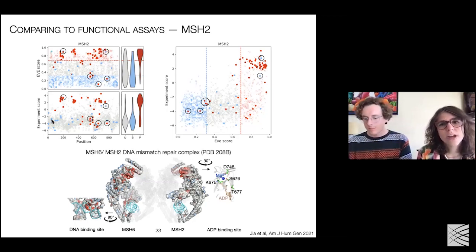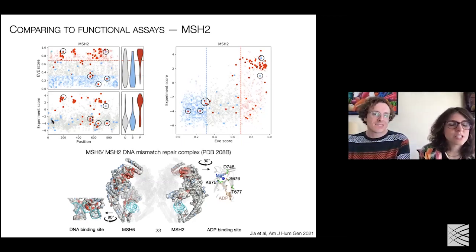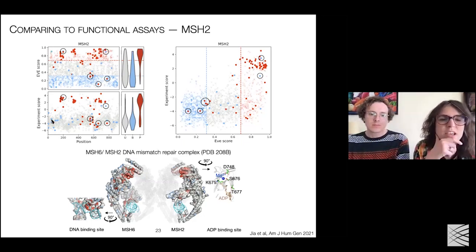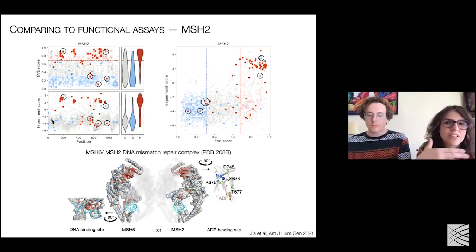But in the MSH2 paper of Jia et al., using their definition of ground truth, which is a slightly different subset of clinical labels, they report that the experiment slightly outperforms the model. So in a sense, I think what is fairer to say is that we are reaching the limitations of using AUCs as a metric, and that both model and experiment have equivalent performance.